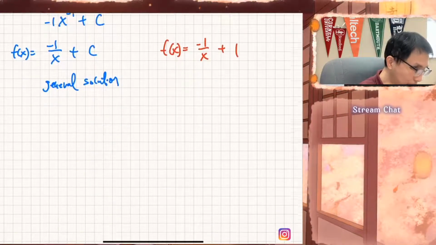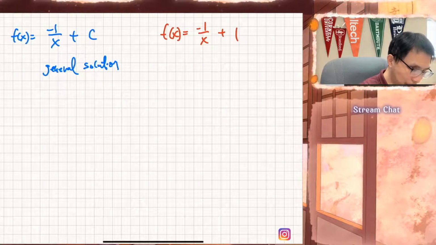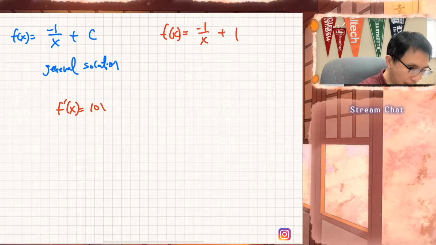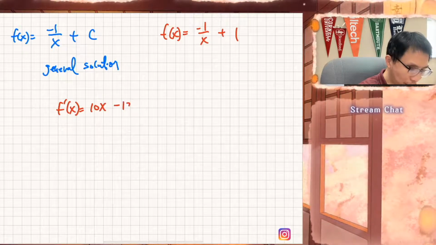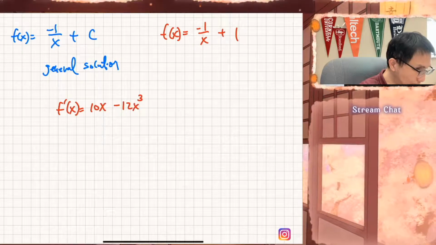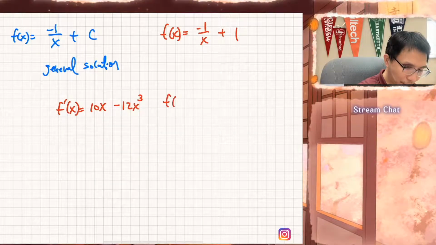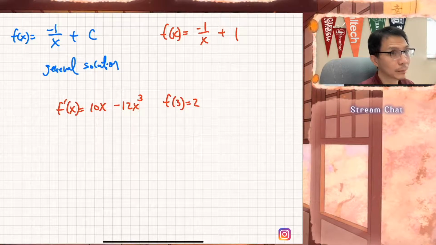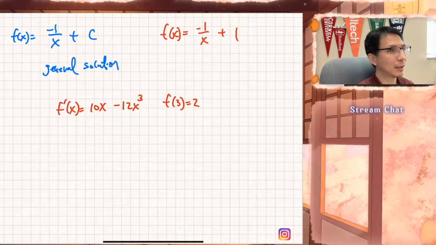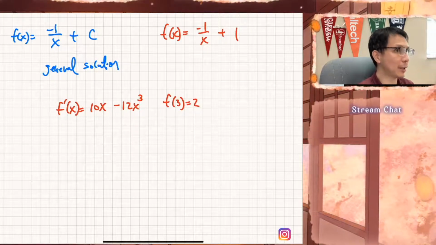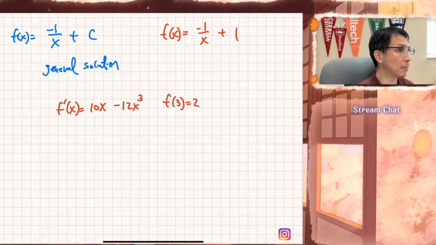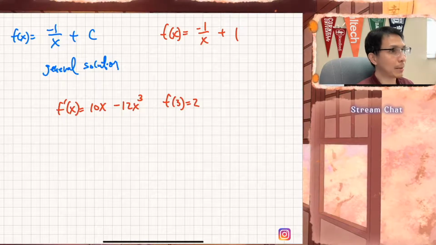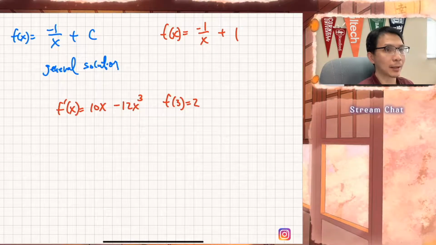Now I'm going to give you a practice. We're going to say f prime of x is equal to 10x minus 12x cubed, and f of 3 is equal to 2. Keep in mind that I could give you a velocity equation and ask you to find the original position equation. It's going to be the same exact way.